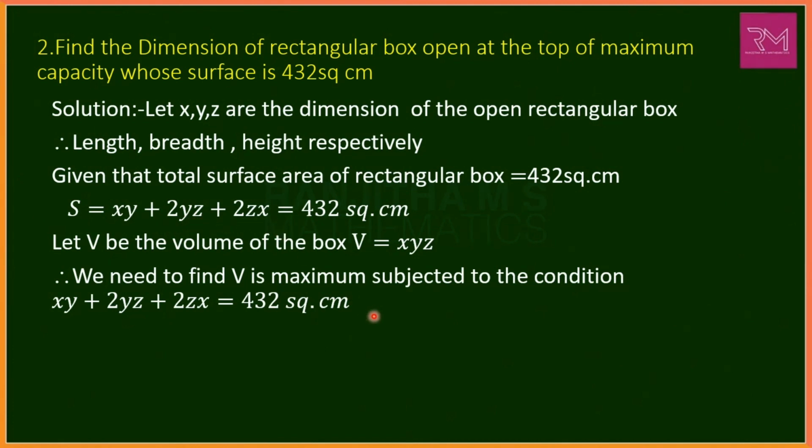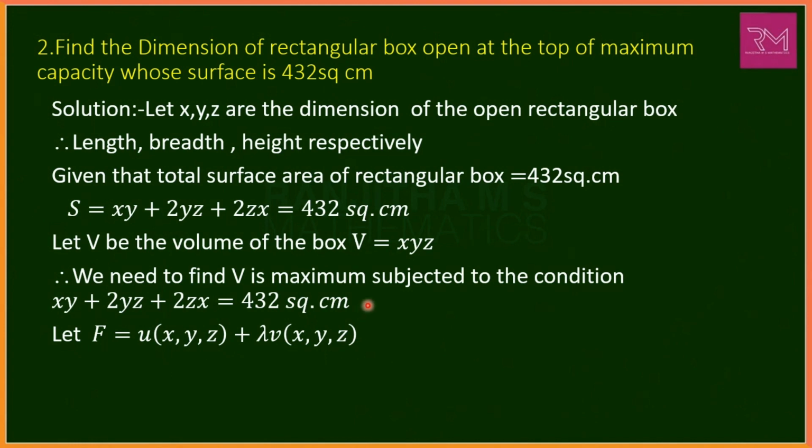Now, to understand carefully, here we need to find V maximum subjected to the condition. Here the condition is this and the function is x into y into z. What's the first step? We have to form an auxiliary equation like this, that is f is equal to u of x comma y comma z plus lambda into v of x comma y comma z. Here the u function is x into y into z.